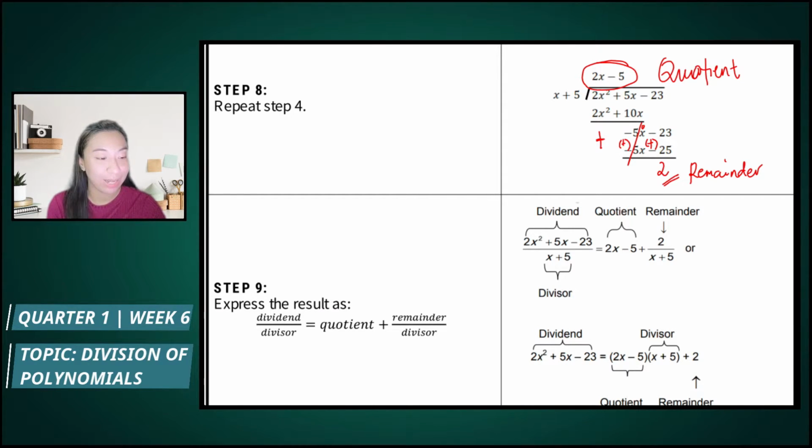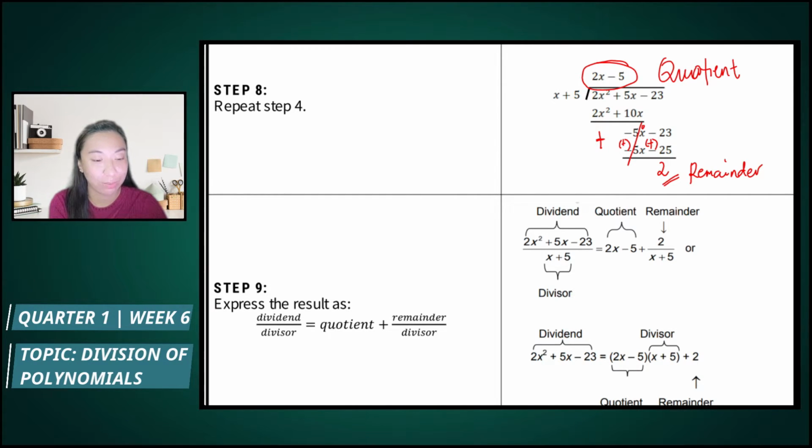For step number 9, we are going to express the result as dividend over divisor equals quotient plus remainder over divisor. If we rewrite it, we have the dividend, 2x squared plus 5x minus 23 divided by x plus 5, equals the quotient, which is 2x minus 5, plus the remainder 2 over the divisor x plus 5.